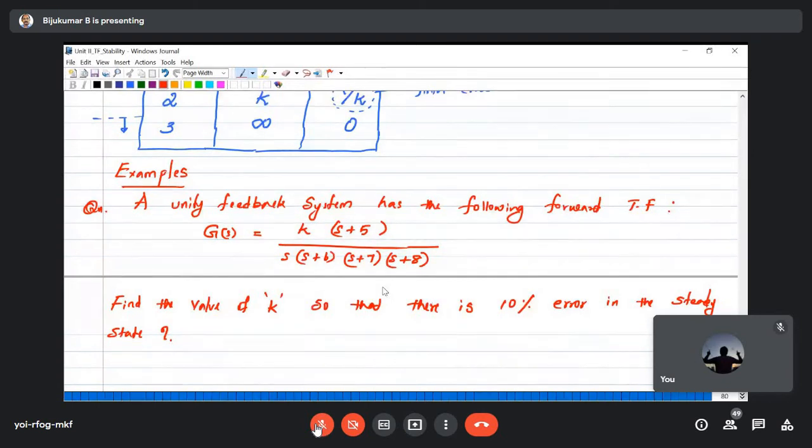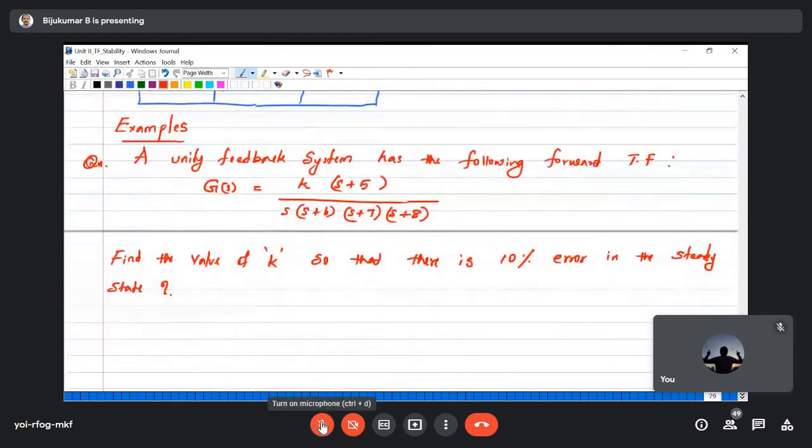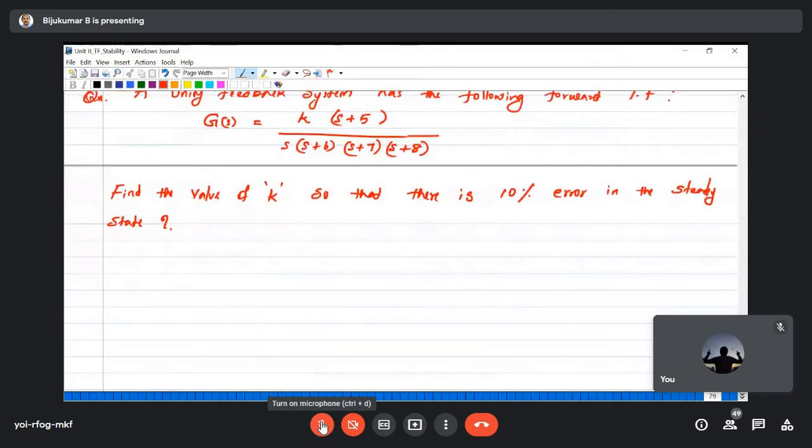How will you find it? One thing observed is that in the question it is not mentioned which input is going to be given, whether it is step or parabola or ramp. Nothing has been mentioned. So how will you find it? Tell me.